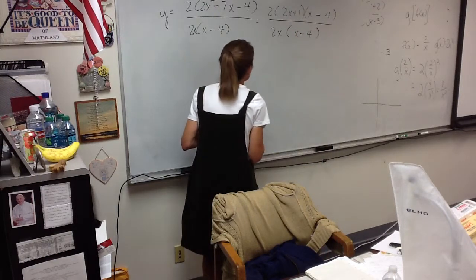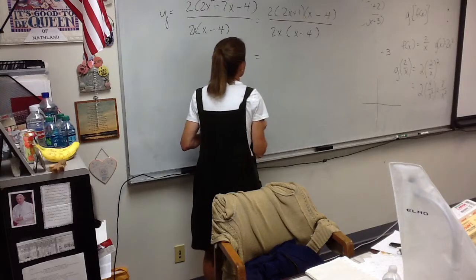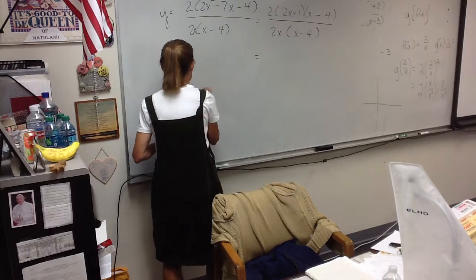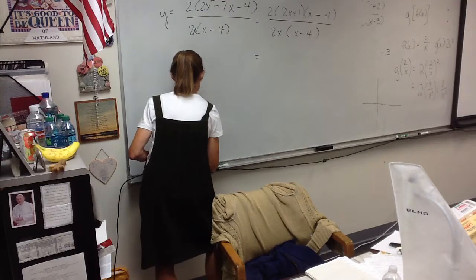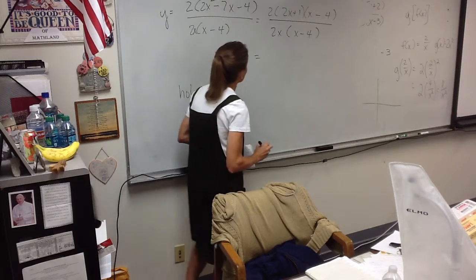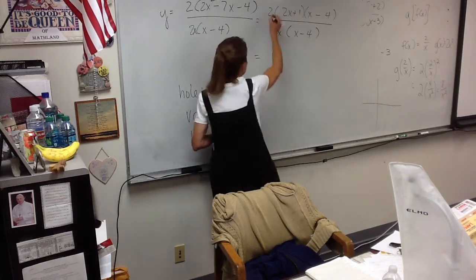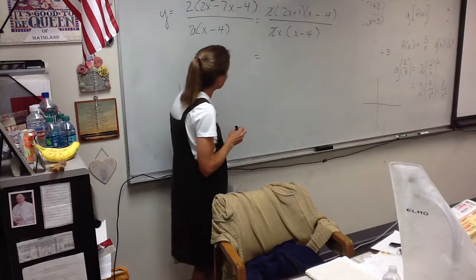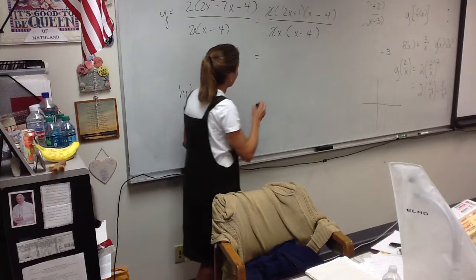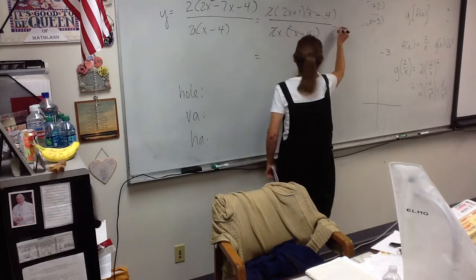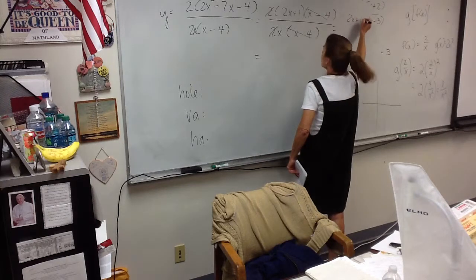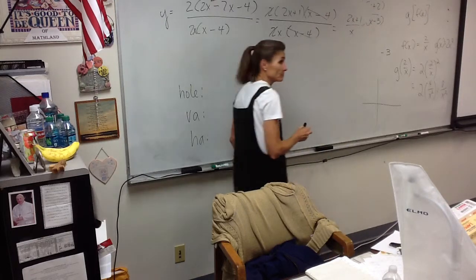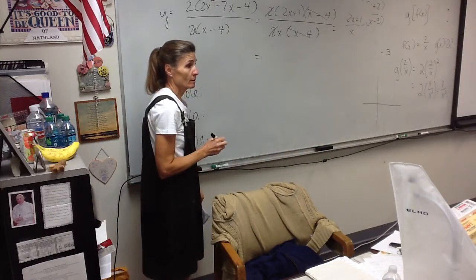Okay, so what cancels? The 2 cancels, but that doesn't matter, that's just a number. What else cancels? So really, we are left with 2x plus 1 over x. Right?